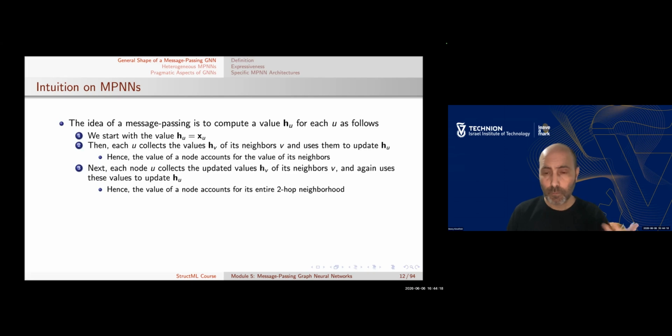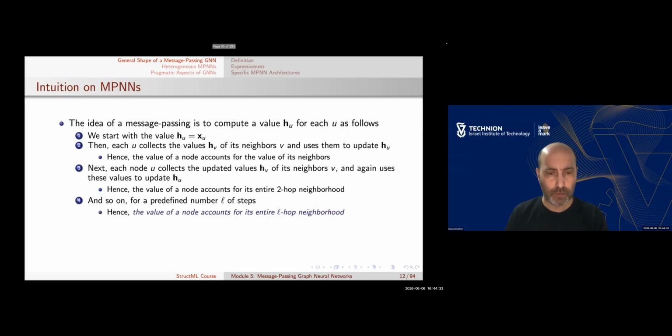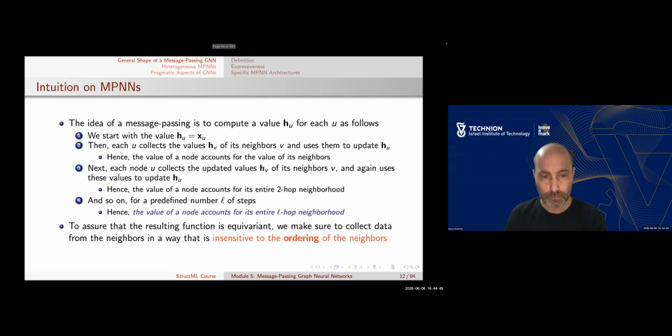So in the second round, we account for information that is in the two-hop neighborhood, not just one hop. We continue with that, applying L steps. Therefore the representation, the embedding, the vector of a node accounts for its L-hop neighborhood.